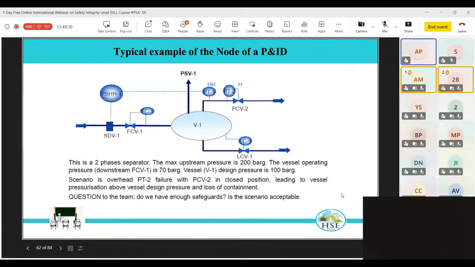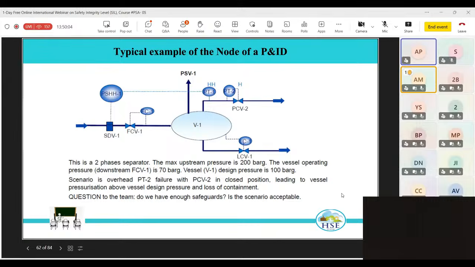It could be anything: oil and gas, or steam and water, anything. So the maximum upstream pressure is 200 bar. The vessel operating pressure downstream of FCV1 is 70 bar and vessel design pressure is given as 100 bar.